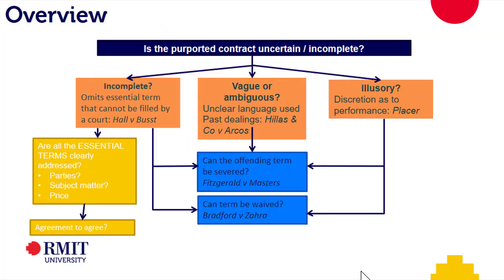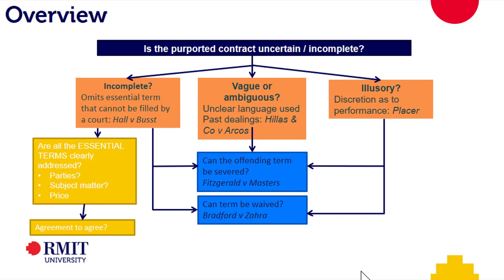So let's look at my flowchart for how certainty works. As I said, we've got 3 different kinds of head questions that we need to ask ourselves. Firstly, we ask ourselves, are the terms complete or are they incomplete?